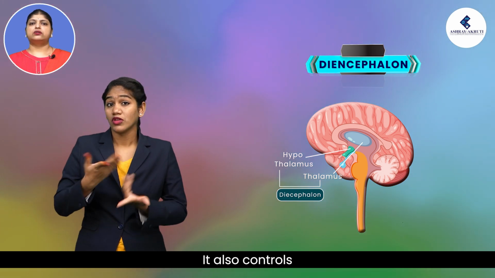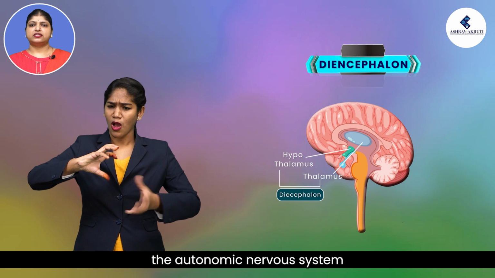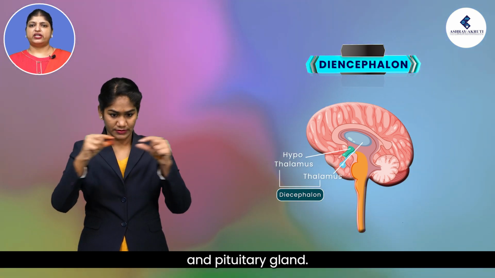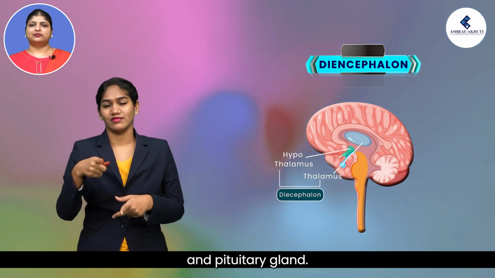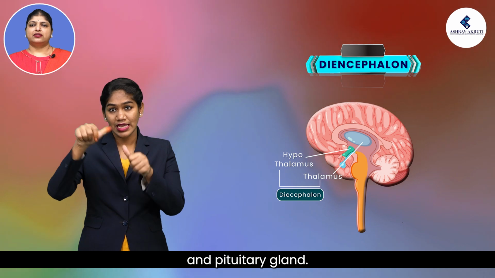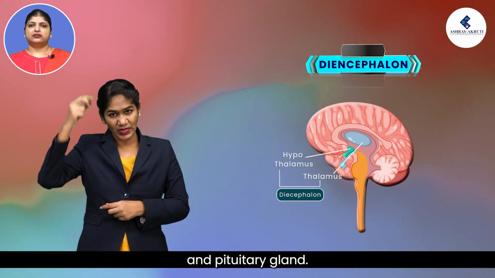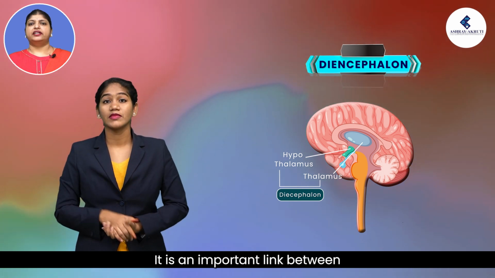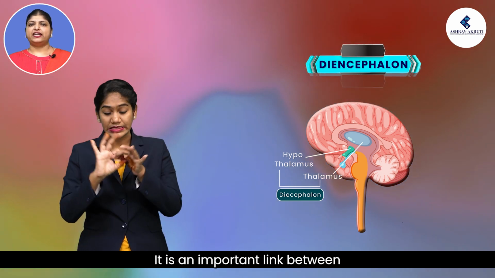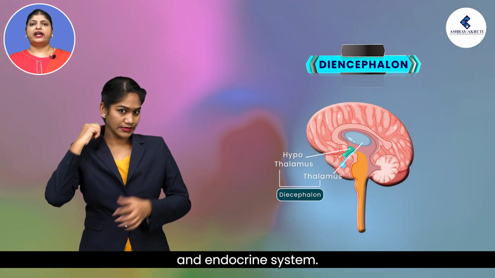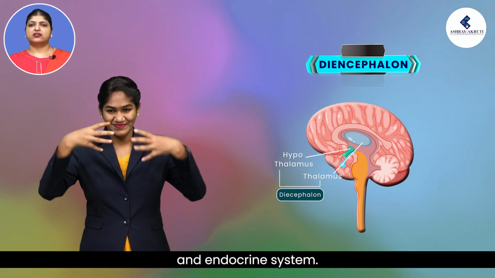It also controls the autonomic nervous system and pituitary gland. It is an important link between the nervous and endocrine systems.